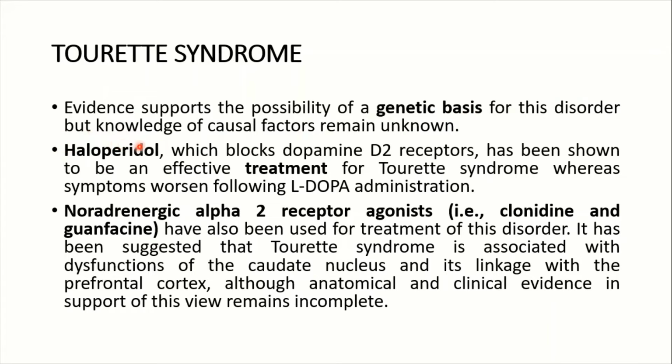Treatment: haloperidol, which blocks dopamine D2 receptors, has been shown to be an effective treatment for Tourette syndrome, whereas symptoms worsen following L-DOPA administration, right? If L-DOPA is administered, like in Parkinson's disease, it worsens the symptoms of Tourette syndrome.